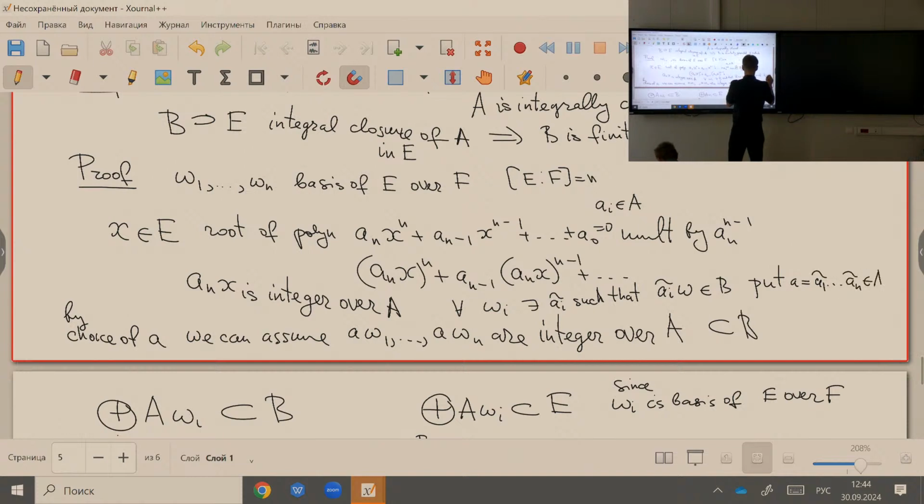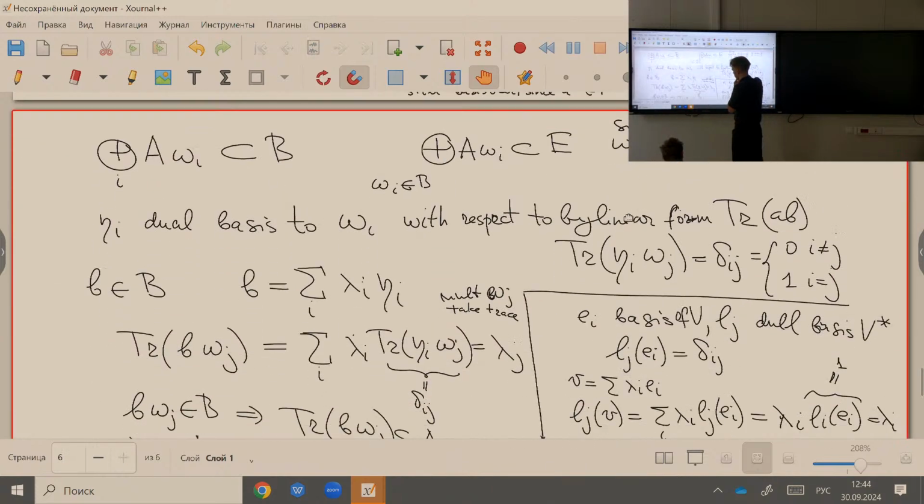This is an element of A, and in particular an element of M. So they are integral over A, and they are still a basis, still a basis over F, since A belongs to F. Okay, so it is correct here.